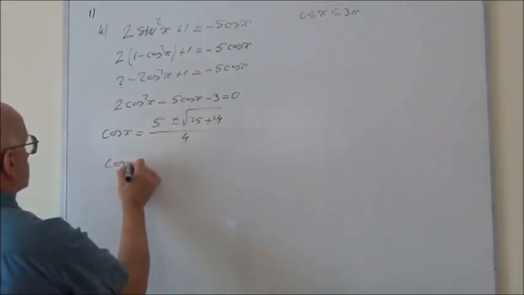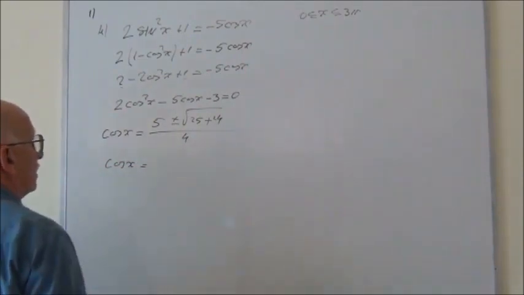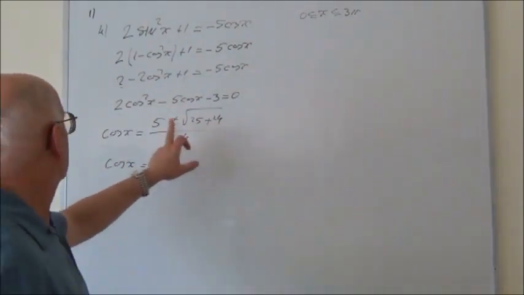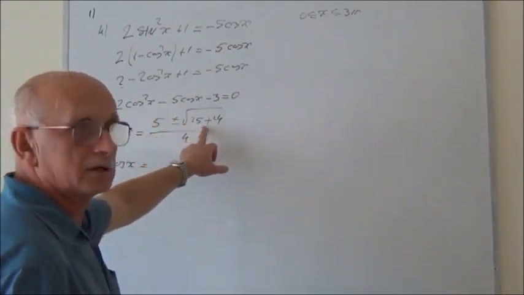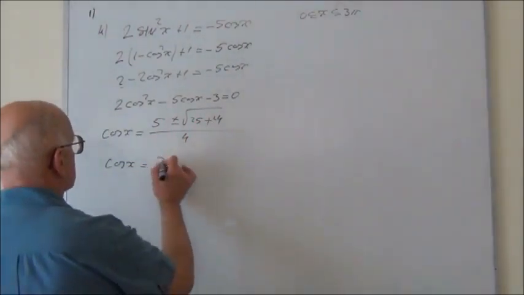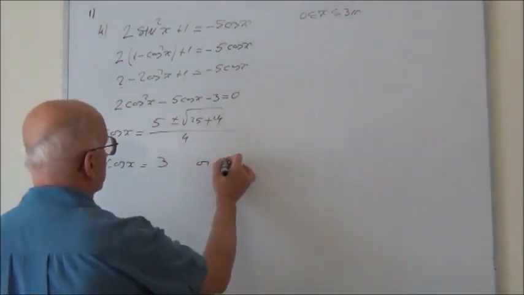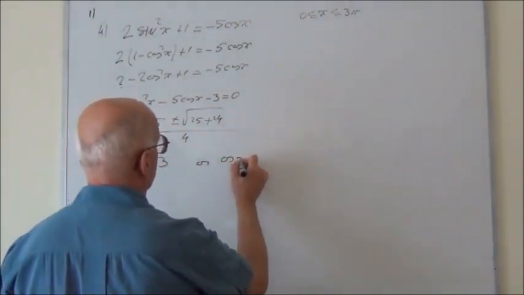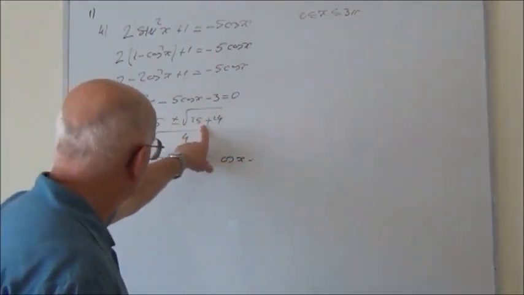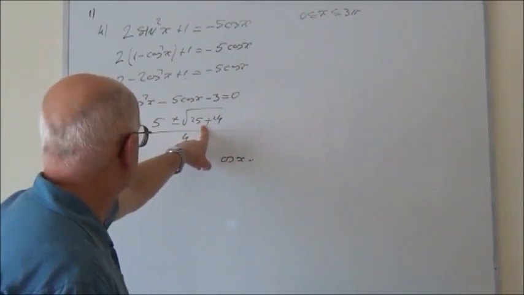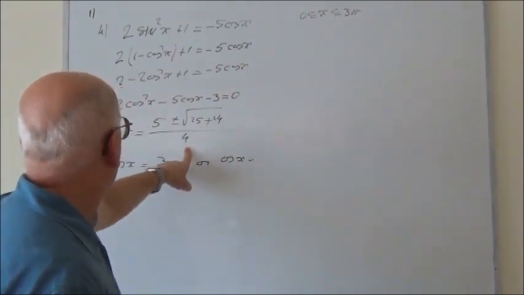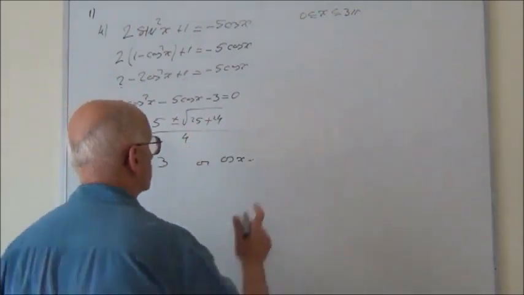Then cos x equal, this is 49, square root from 49 is 7, 5 plus 7 is 12, 12 divided by 4 is 3, or cos x equal 5 minus 7 is minus 2, minus 2 divided by 4 is minus half.